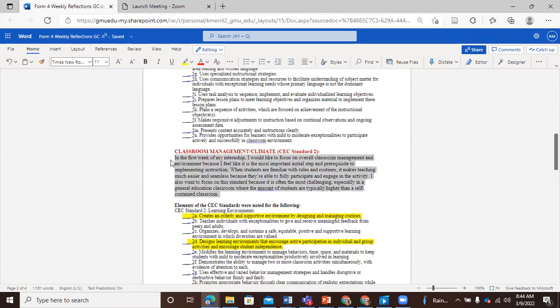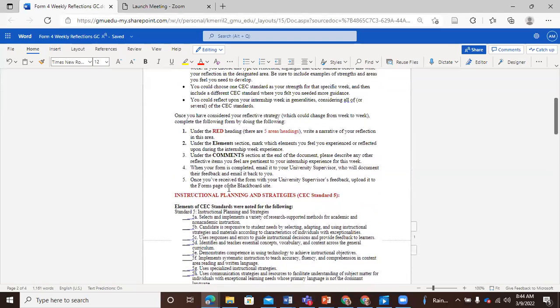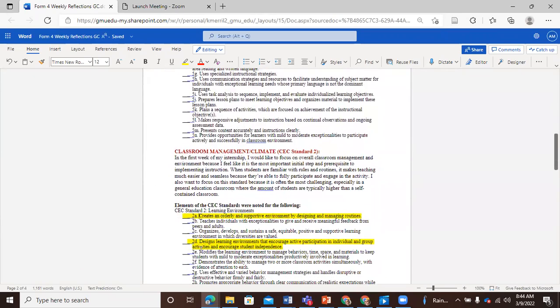I just provided a little example about writing a narrative to reflect this standard and then marking the elements. So across the five standards, you would write a narrative as well as marking which elements you either practiced or are actively reflecting on.